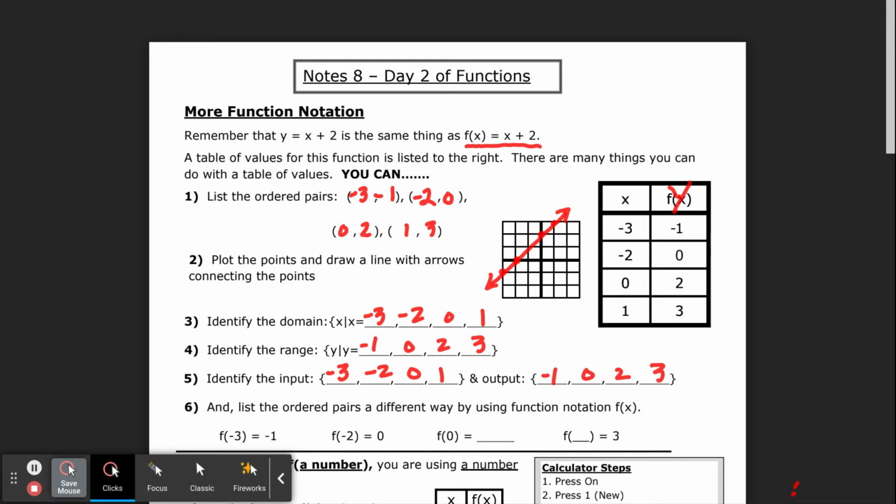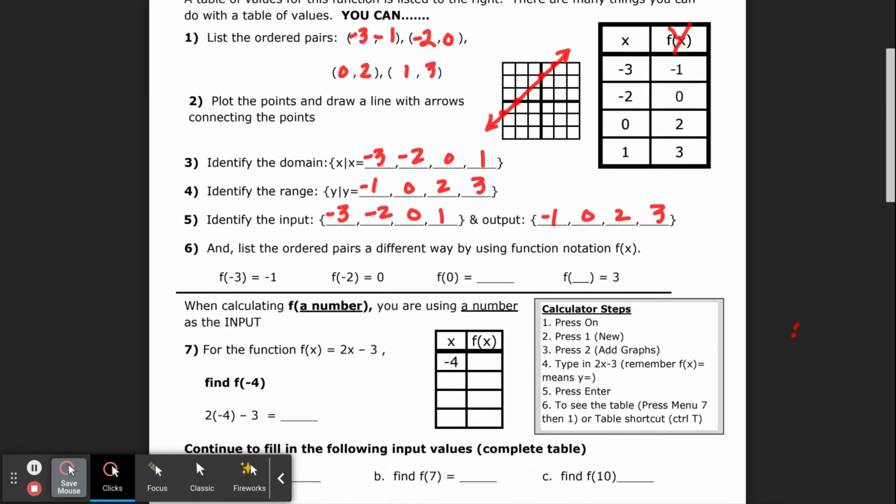All right, let's take a look at problem 6 here. The last thing we can do with the table of values is list the ordered pairs a different way by using function notation f of x. So right here we can look at this f of -3 as f of x.